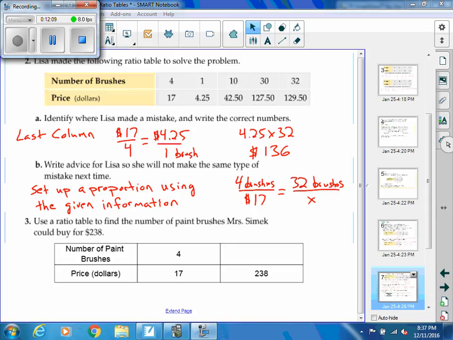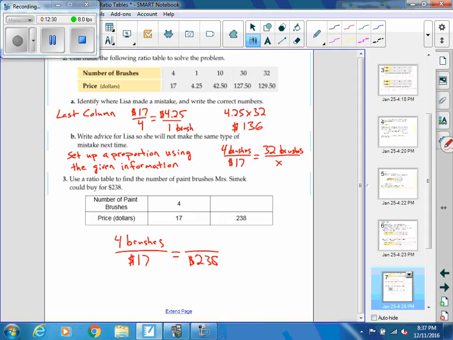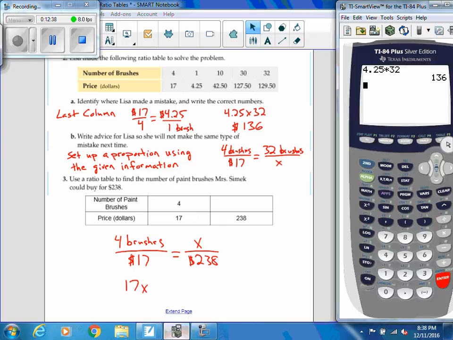Okay, number 3, use a ratio table to find the number of paintbrushes Mrs. Seebeck could buy for $238. Okay, so again, we know it's 4 brushes for $17. We know we have the $238. We're looking for the number of brushes. So 17 times x is 17x. 4 times 238 is 952.